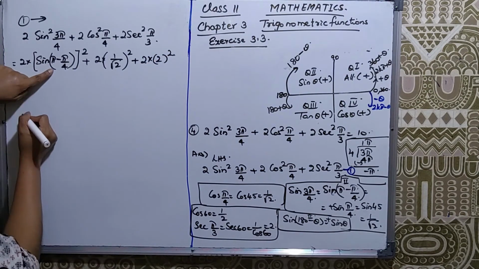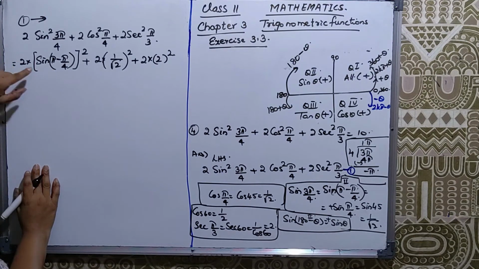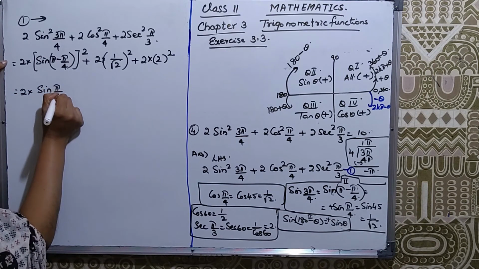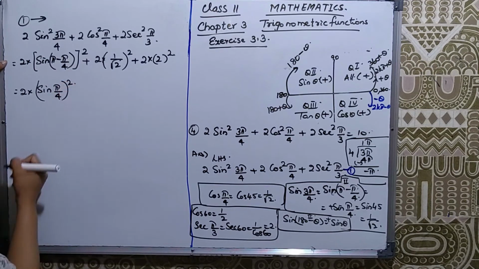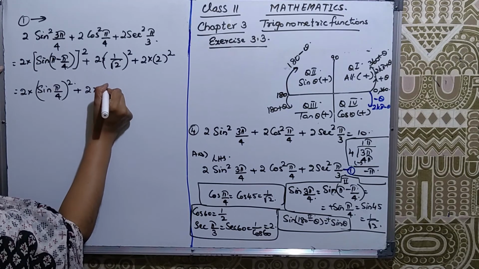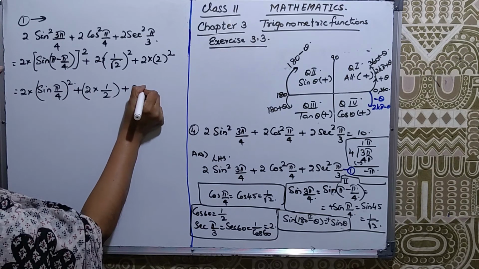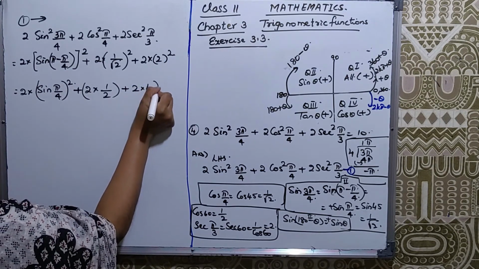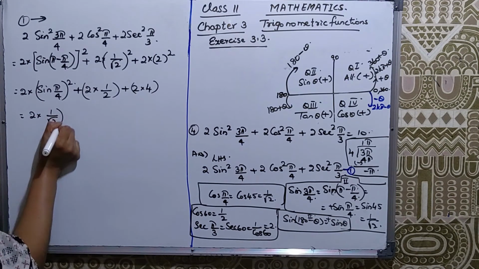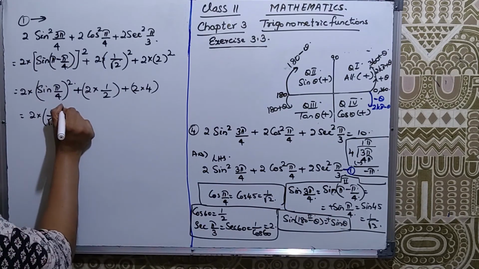Now sine(180 minus theta) belongs to the second quadrant, that is plus sine theta. So it will be 2 into sine pi by 4 the whole square, plus 2 into 1 by root 2 into root 2, where root 2 into root 2 is 2, so 1 by 2, plus 2 into 2, 2 fours are 8. So it will be 2 into sine 45, which is 1 by root 2, the whole square.